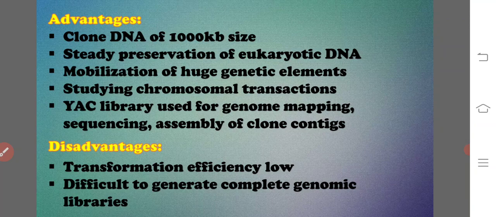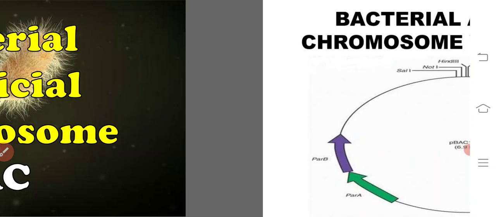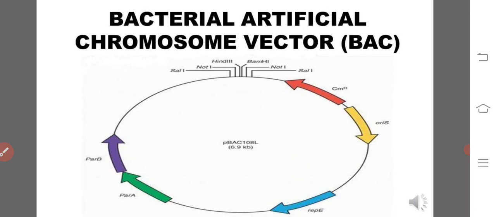And coming to the last one, that is the bacterial artificial chromosome, BAC. Bacterial artificial chromosome is a DNA construct based on a functional fertility plasmid, F plasmid, used for transforming and cloning in bacteria, usually in Escherichia coli.